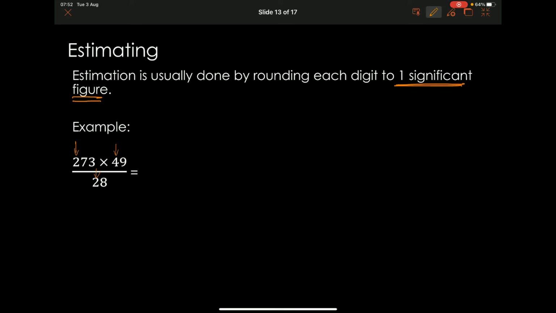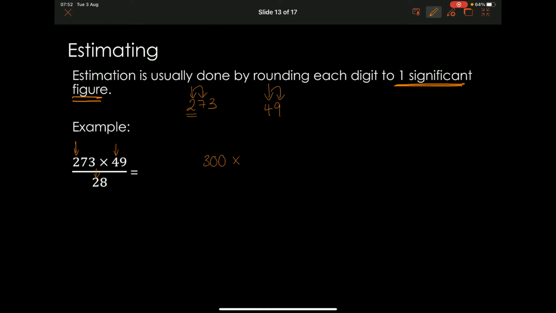Okay, let's just quickly round these first. So 273. We're going to look at the first digit, which is 200. We look at the digit next to it. That's a 7, which means we round this up to 300. So that becomes 300. We look at 49, 1 significant figure.